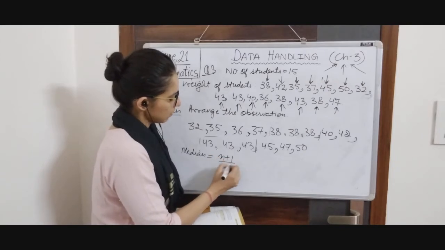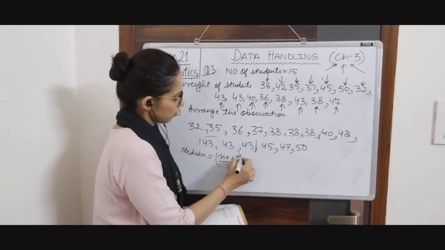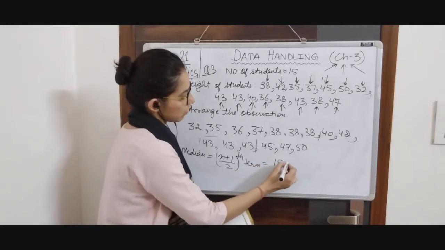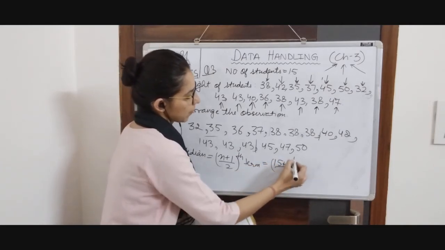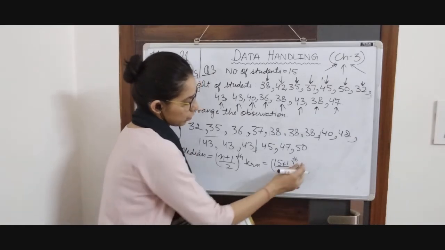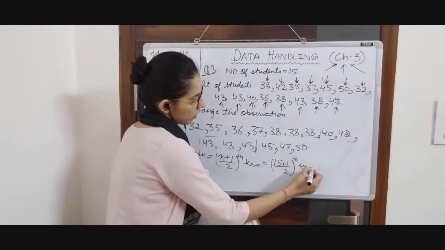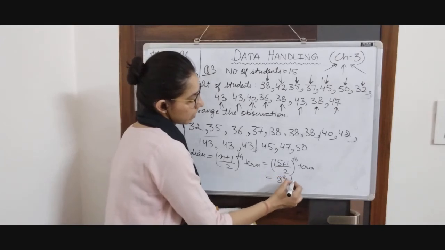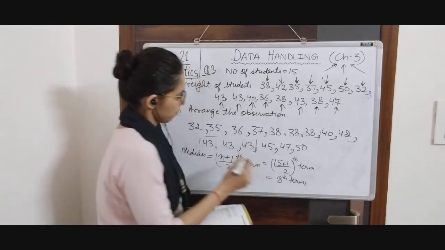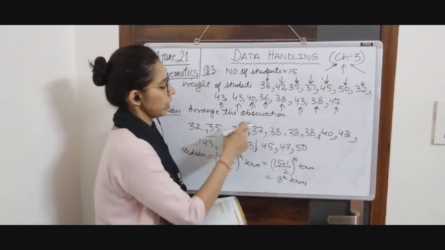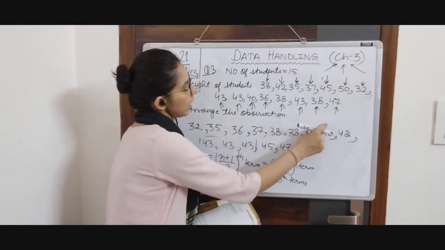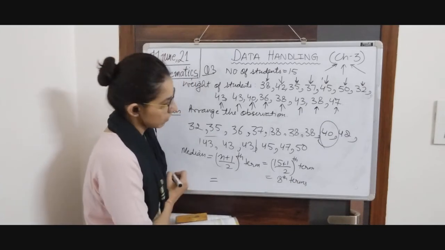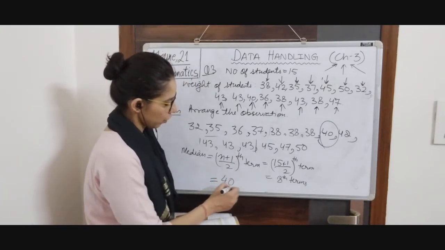It means the (n plus 1) by 2th term. It will be the (15 plus 1) by 2th term, which is equal to the 8th term. Now we'll start from here: 1, 2, 3, 4, 5, 6, 7, 8. So the 8th term is 42. It means your median is 42.